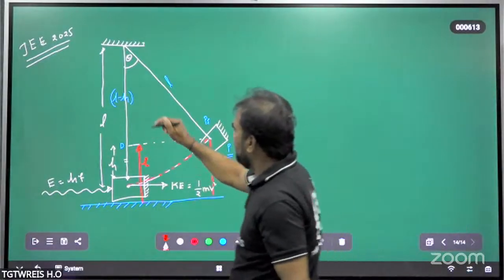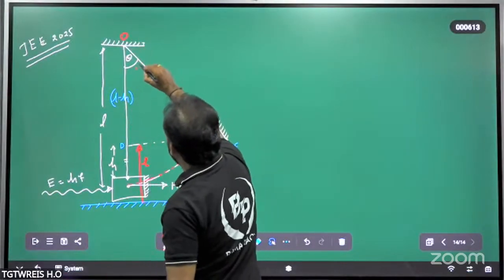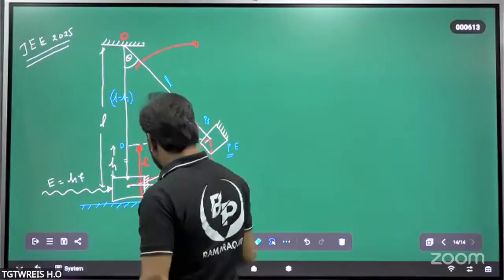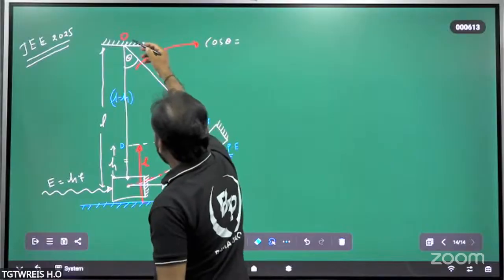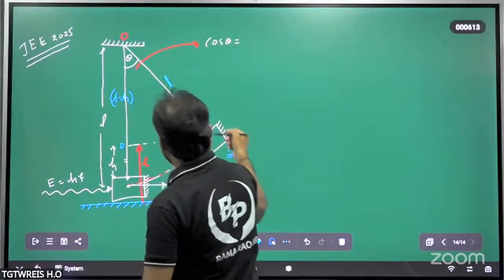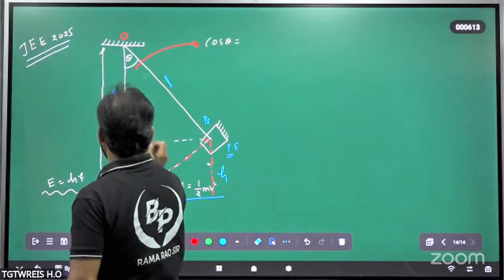From triangle ODP, cos theta is equal to adjacent side upon hypotenuse. This angle is 90 degrees.